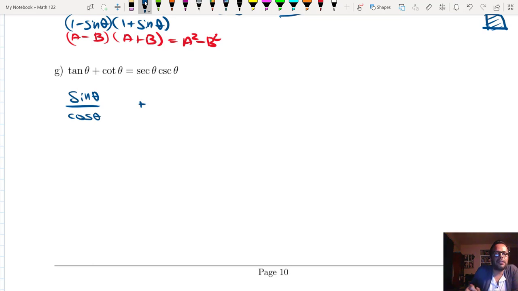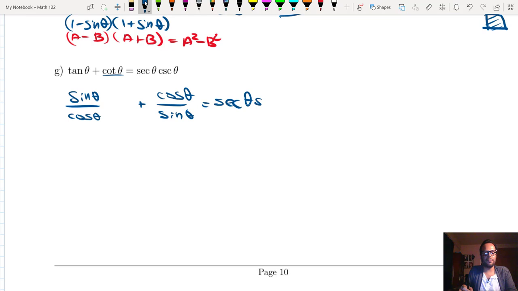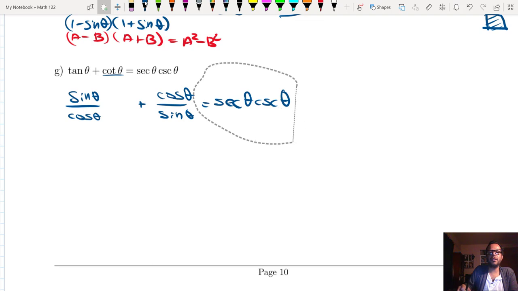I'm going to leave a space here. You'll see why. And then we're going to write cotangent as cosine over sine. All right. That equals secant theta times cosecant theta. Oops, by the way, I need space here.